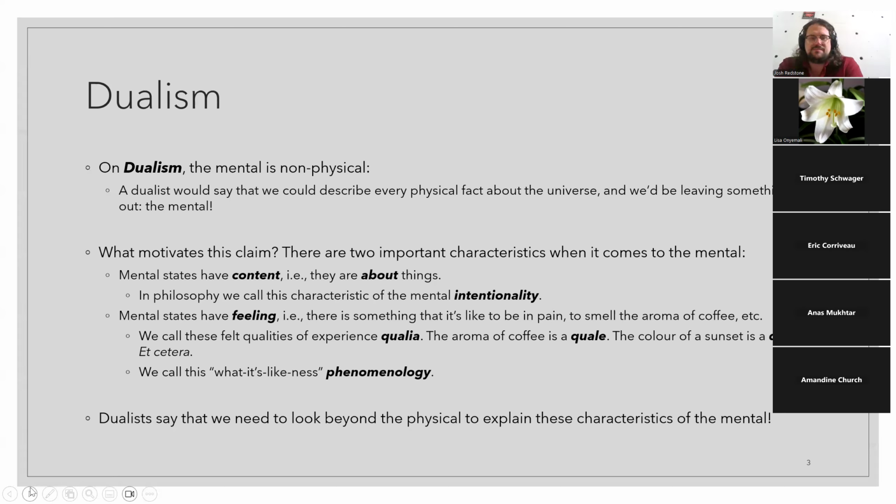We could also say that my belief is about whether or not it is snowing in my immediate vicinity, right? So mental states have content. They're about things. If I look at the coffee cup and I have a visual representation of the coffee cup, my mental state is about the coffee cup, right?